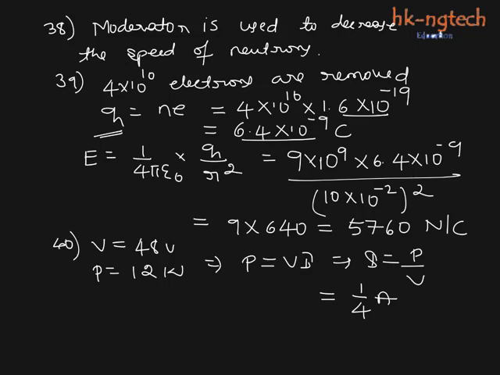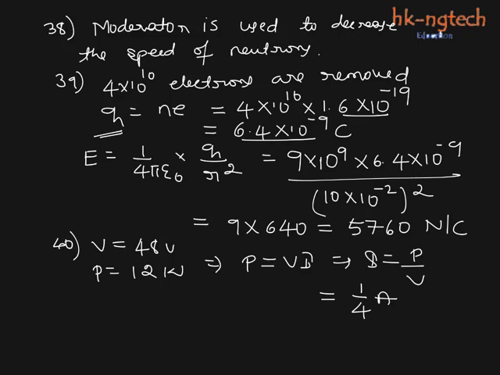We have the formula E is equal to 1 divided by 4 pi epsilon naught times Q divided by R square. Here Q is 6.4 into 10 to the power of minus 9 and 1 by 4 pi epsilon naught is 9 into 10 to the power of 9. But you have to be careful while taking the R value, the distance from the center they have given. The distance from the center is 20 centimeter, but as you already know, at the center the electric field is always 0, so we have to measure the distance from the surface of the sphere, therefore it will be 10 centimeter. So here you get 5760 Newton per coulomb as the answer.